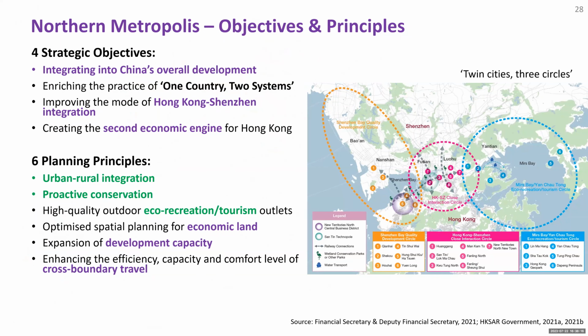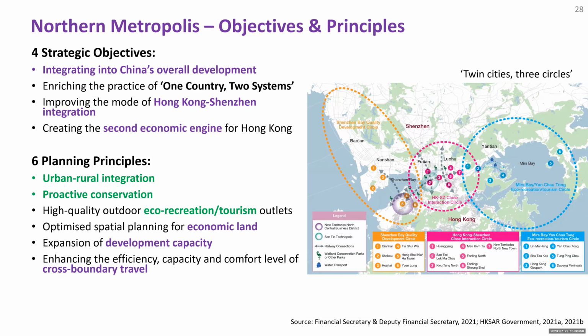Out of all these 10 important directions, 3 are more related to what I want to talk about, because the others are more about how to integrate into China's overall development through enhancing one country, two systems, integrating Hong Kong and Shenzhen, making this area the second economic engine for Hong Kong, for economic land provision, for boosting development capacity, and also to improve cross-boundary travel comfort.